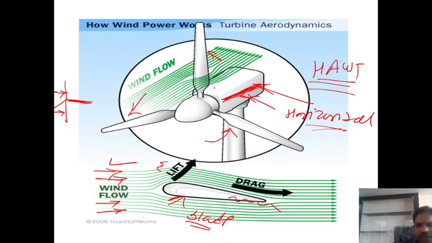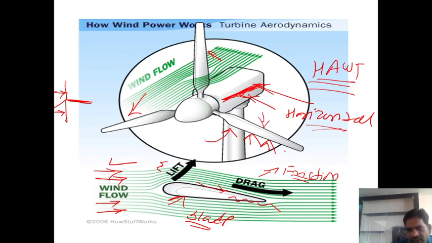The lift force is responsible for the rotation of the wind turbine, and the drag force is a frictional force which stops the wind turbine from rotating. The drag force is nothing but the friction force which stops the wind turbine, and the lift force is responsible for the rotation of the wind turbine. The lift force acts at the bottom of the blades and creates higher pressure compared to the top.